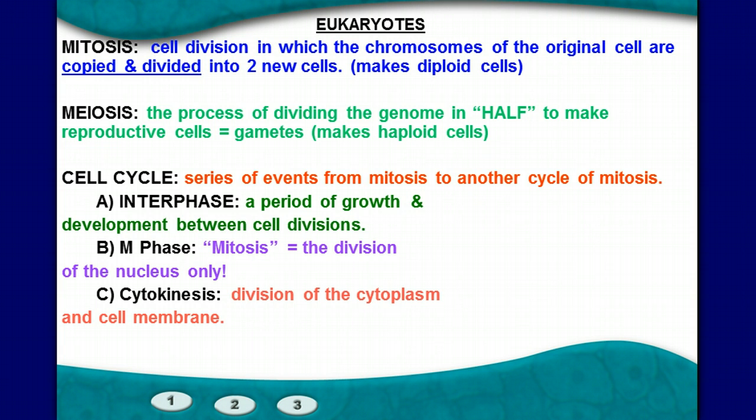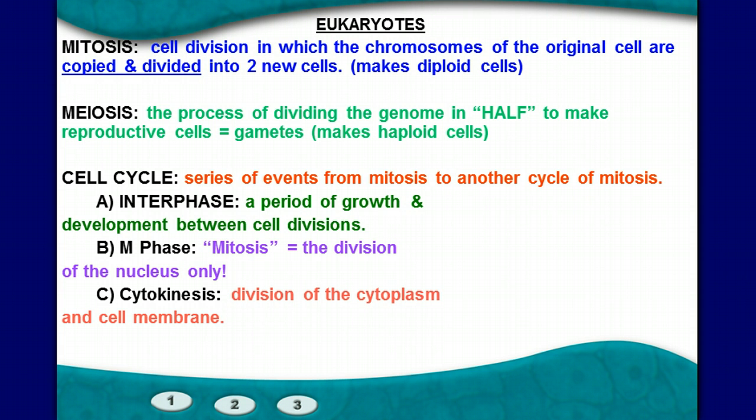Way too many, okay? Too many chiefs in the tribe, so to speak. So the cell wouldn't know what to do. So meiosis is the process of dividing the genome in half to make reproductive cells, those haploid cells. So the idea is we're going from 46 chromosomes down to 23, okay? So keep that in mind.